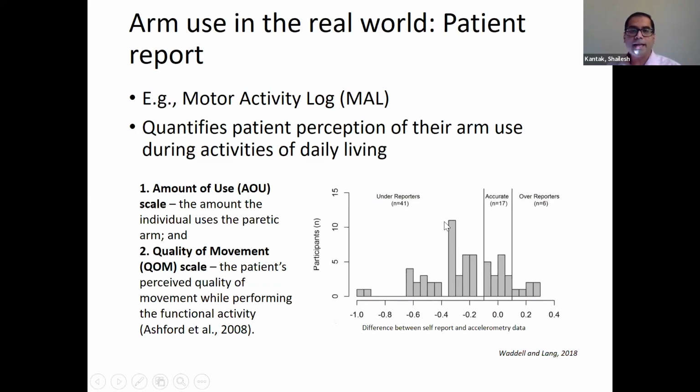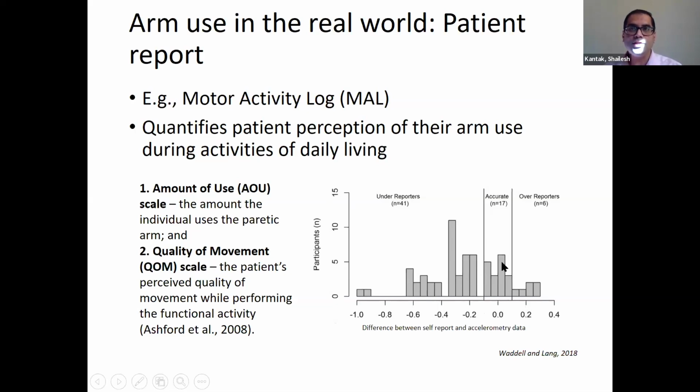Now, a study compared the accuracy, or consistency, between the self-reported performance and sensor-based measures of the paretic arm. What you're seeing here is that the x-axis is the difference between self-report and accelerometry data, and the y-axis is the number of participants in a study that measured both.